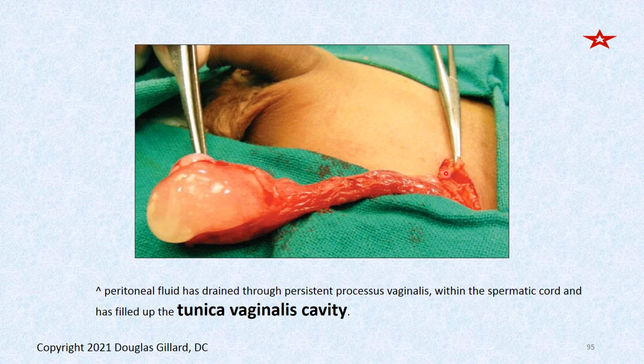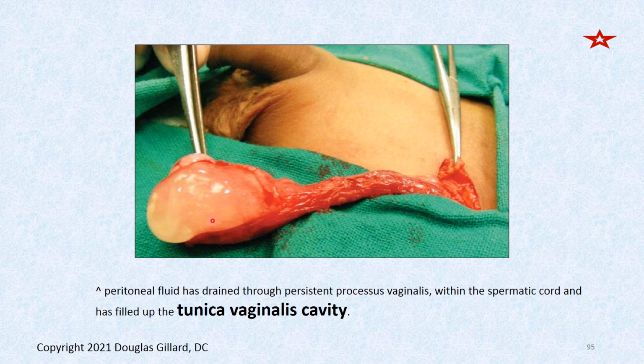And here is a little guy who had this congenital hydrocele. So we can't see it, but inside there's a full processus vaginalis that communicates right with the peritoneal cavity, a huge pipe, and it's accumulated fluid, and now we can actually see an expanded tunica vaginalis cavity filled with serous fluid.